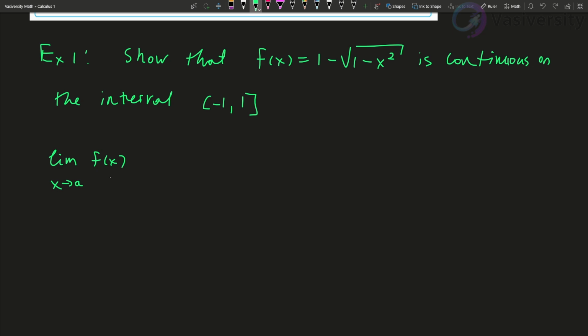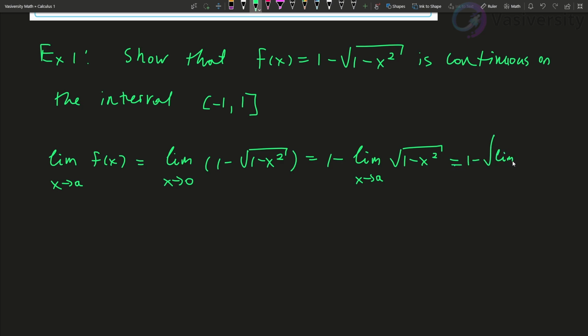That will be equal to the limit as x approaches a of 1 minus the square root of 1 minus x squared, which is 1 minus the limit of the square root of 1 minus x squared. We can review the previous lesson where we did the limit laws. Because the square root is a power of 1/2, that's going to be equal to 1 minus the square root of 1 minus a squared, which is equal to f of a. Perfect.